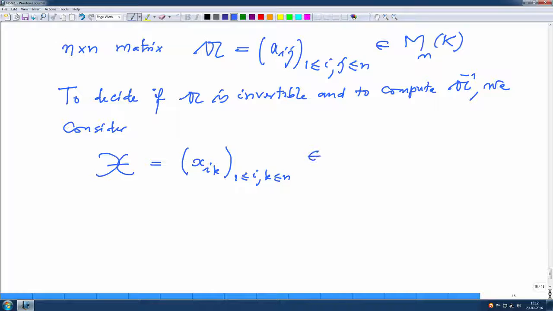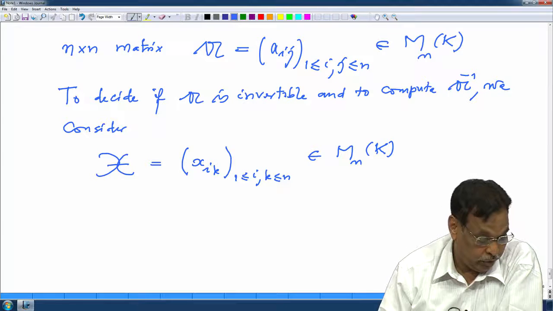So, it is also an n cross n matrix, but I want to determine the x's, that is why I call them variables, and then I will come back, we will see what we want.